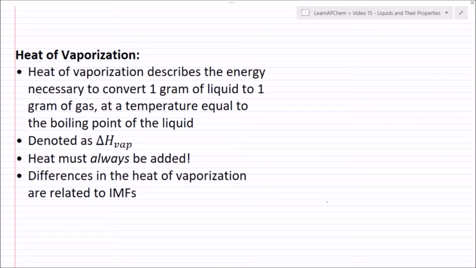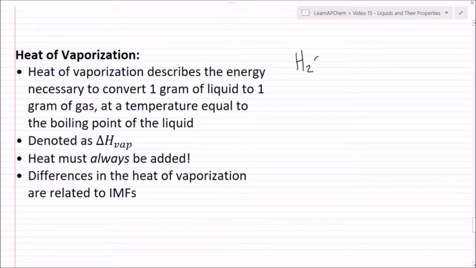Alright, so now let's talk about the heat of vaporization, and this describes the energy necessary to convert 1 gram of a liquid to 1 gram of gas of that liquid at a temperature equal to the boiling point of the liquid.